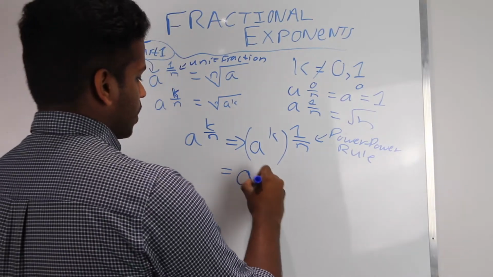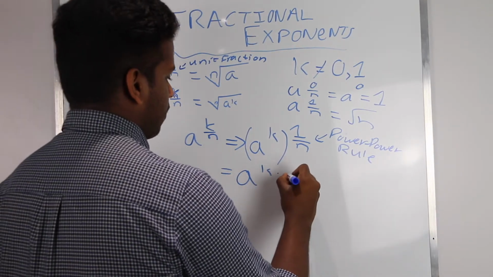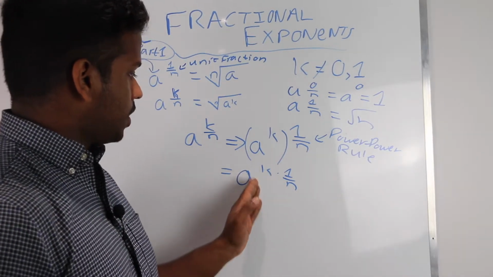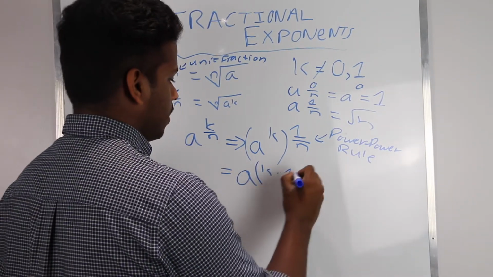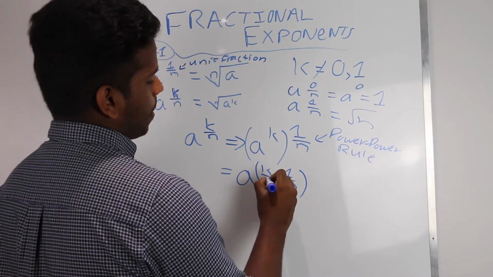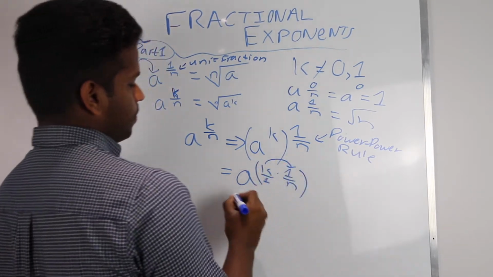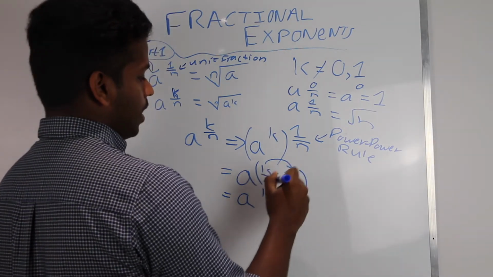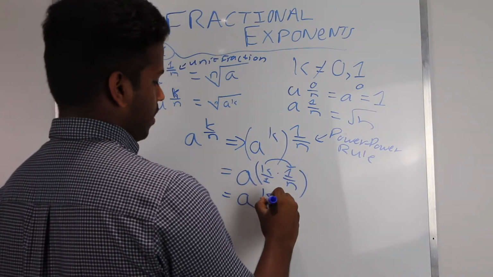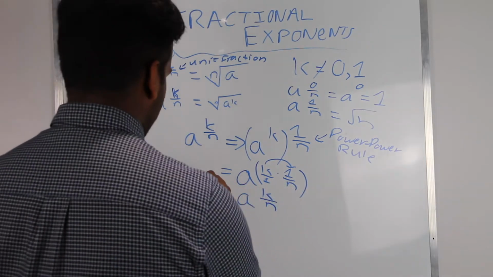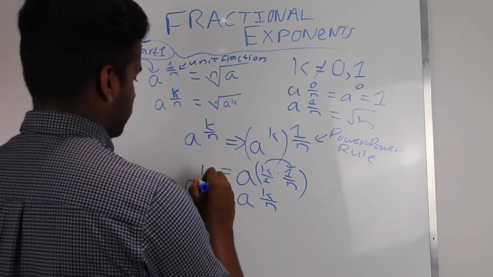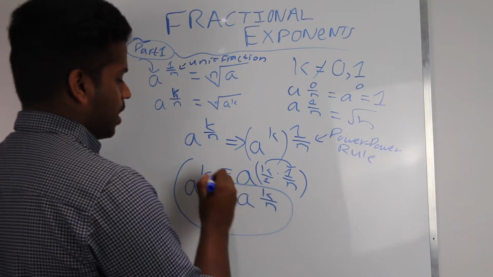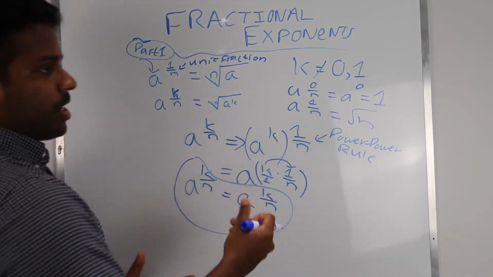Remember what we did in multiplying fractions: k times 1 is k, and 1 times n is n. So a to the power of k times 1 over n equals a to the power of k over n. They are equivalent in value, and we've expressed it in two different ways.